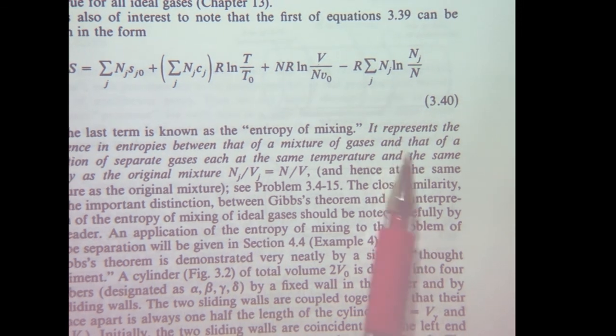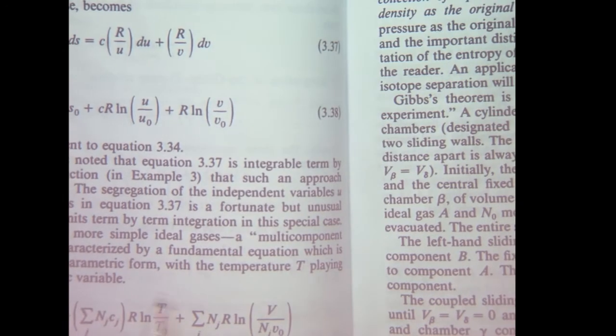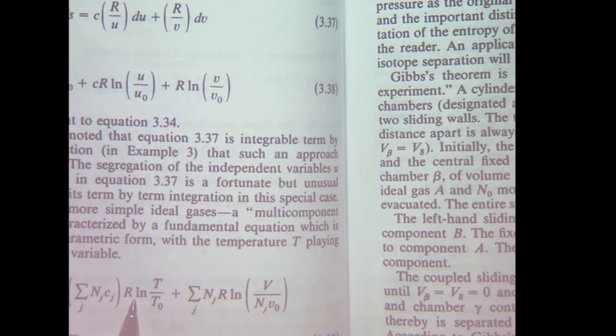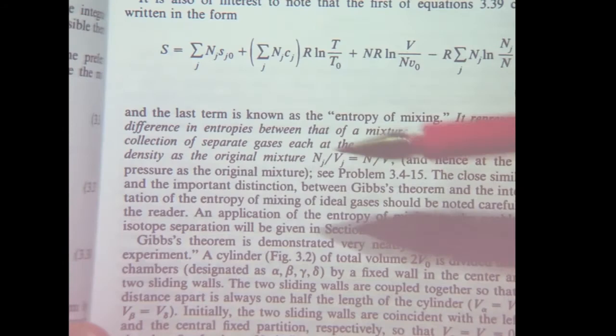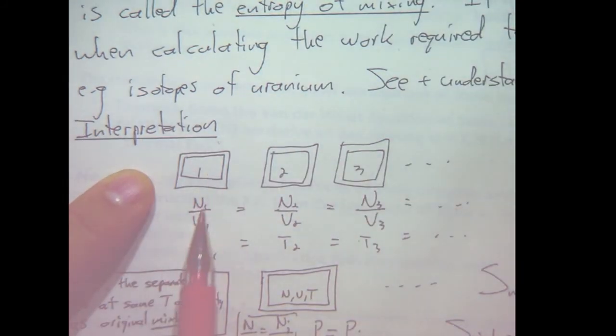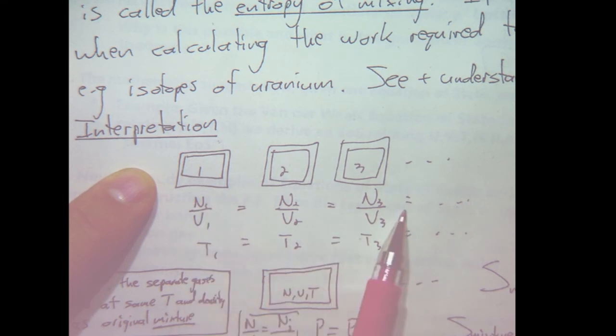This is a different idea to putting all the gases into the same volume. Although, if you have them in separate containers like this, they all have the same density and they're all at equal temperatures, but the volumes can be different.